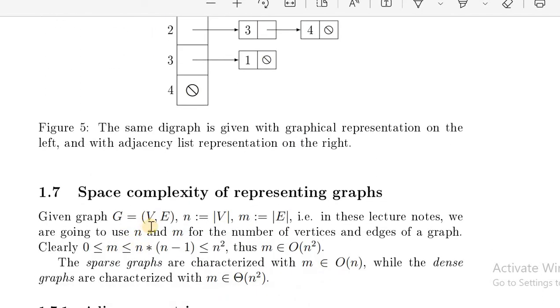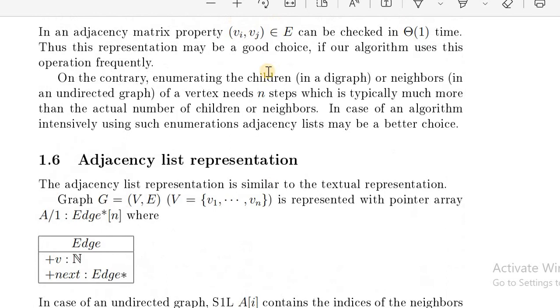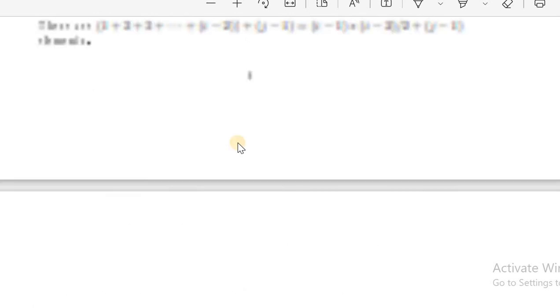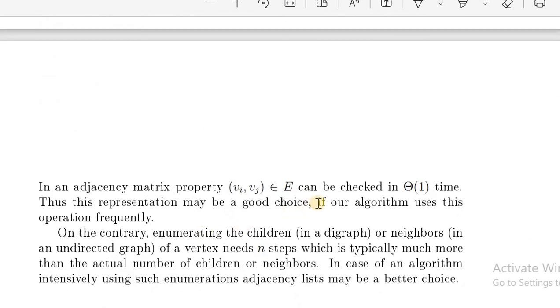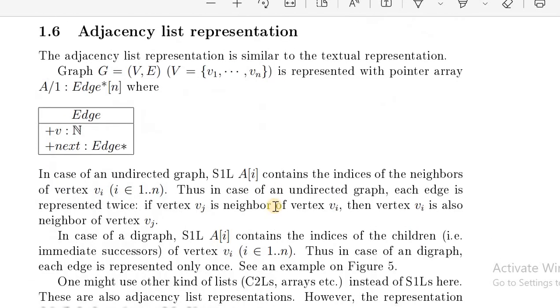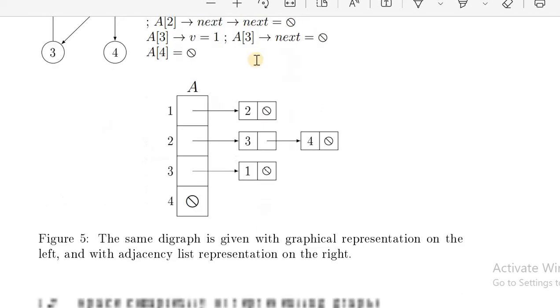And in regard to the space complexity of representing graphs, obviously the adjacency matrix is going to take much more space because of its nature. So if you have, let's say, 7 nodes, then you're going to have 49 cells in the matrix.